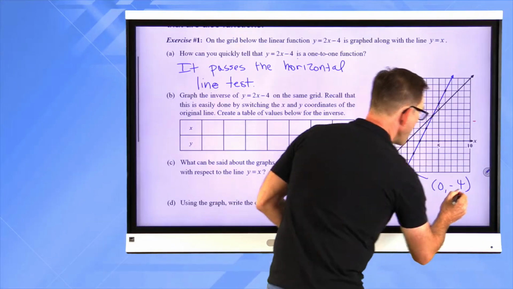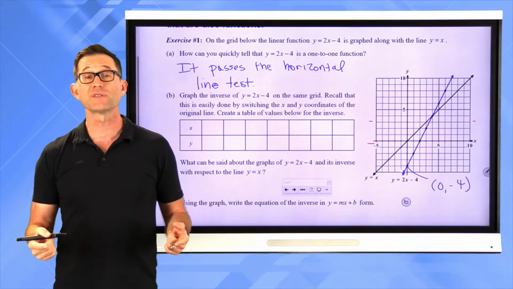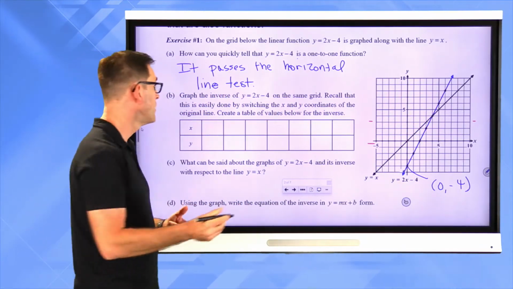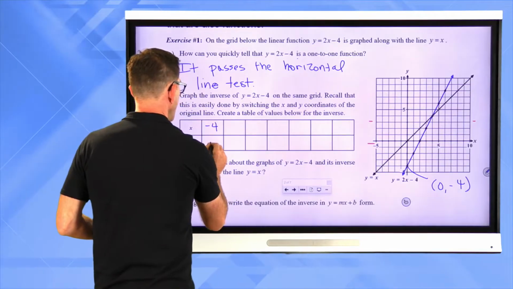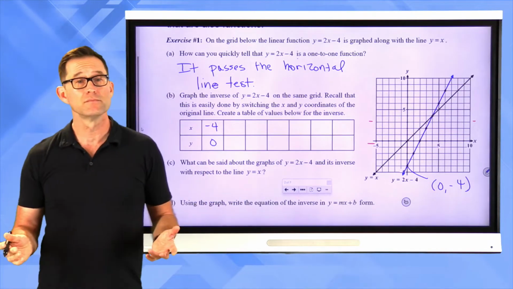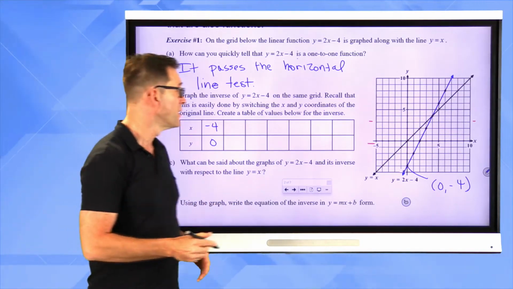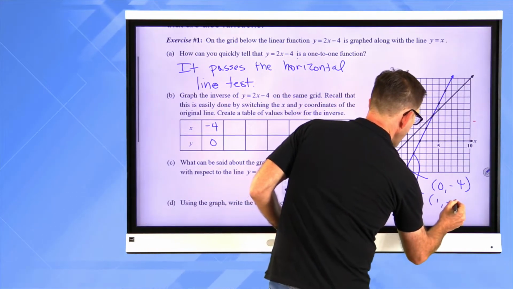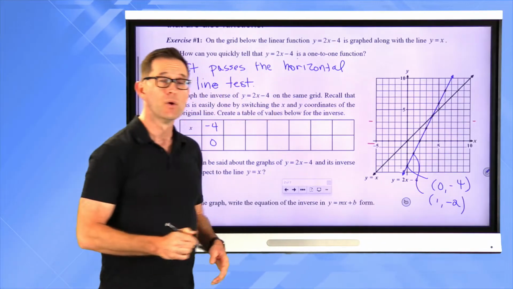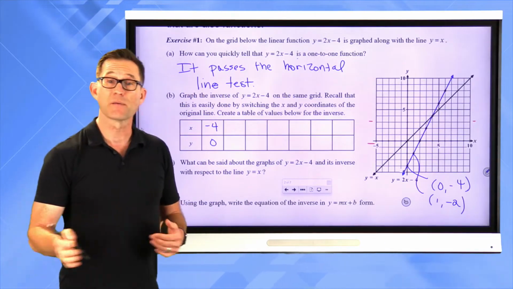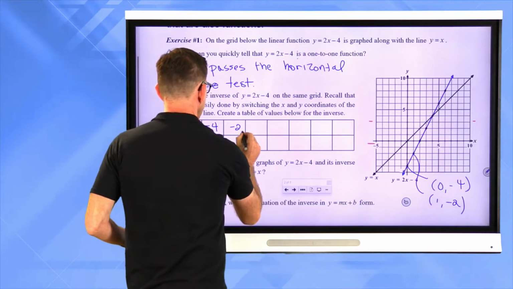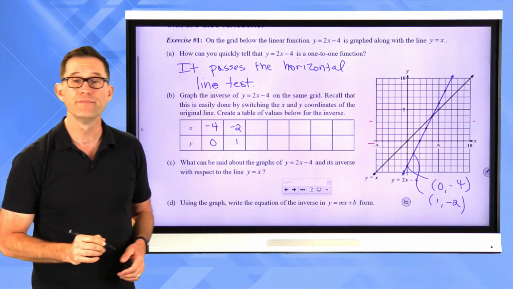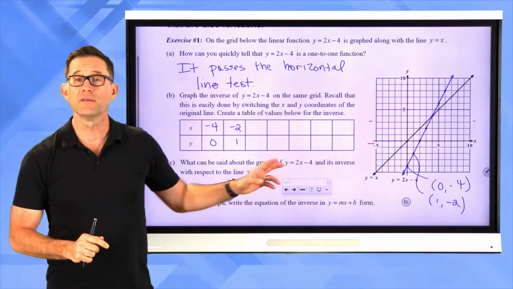That means that the inverse must contain the point negative 4, 0. Likewise, here we've got the point 1, negative 2, which means the inverse must contain the point negative 2, 1.